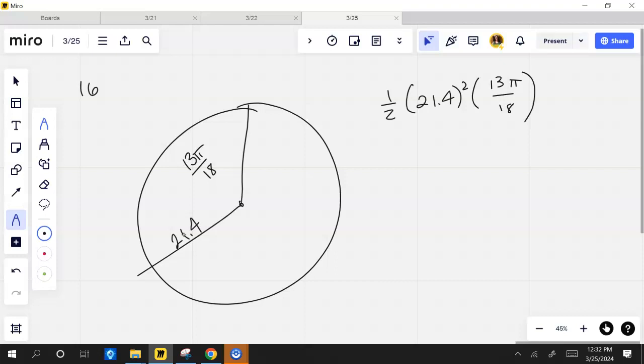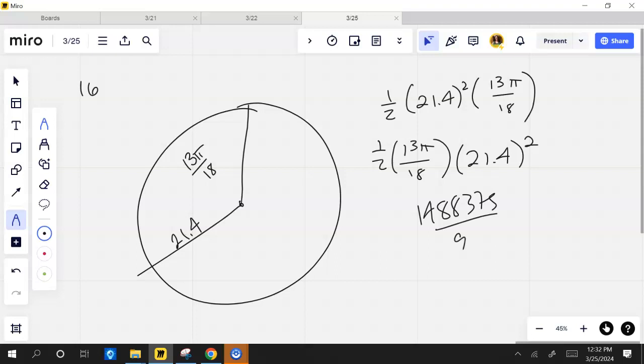Order doesn't matter. It doesn't matter. Bet you still get the same answer. Somebody tell me what that comes out to be. Square meters.